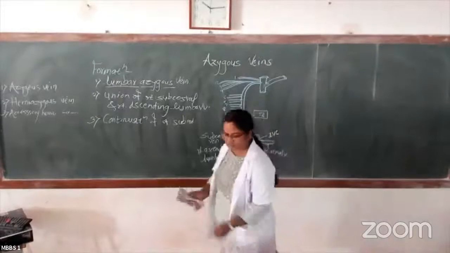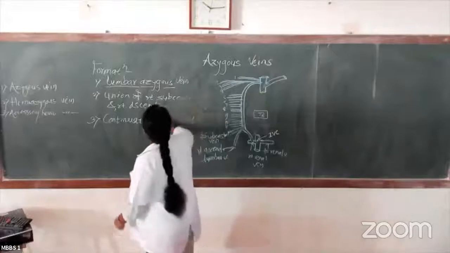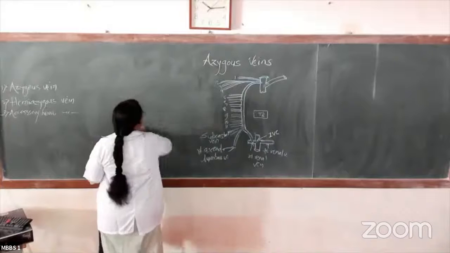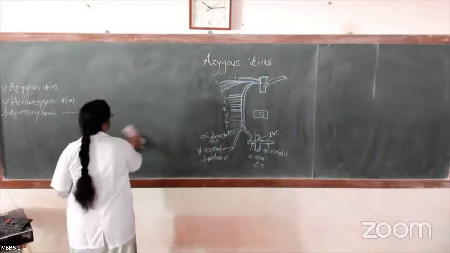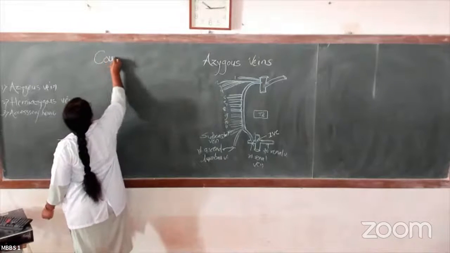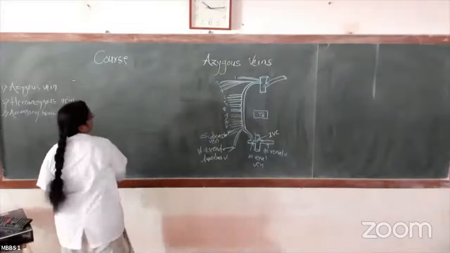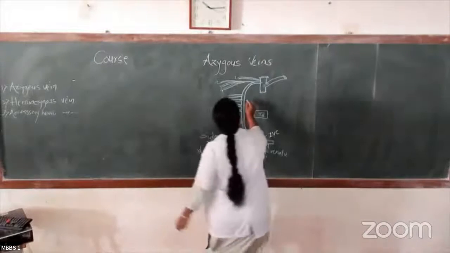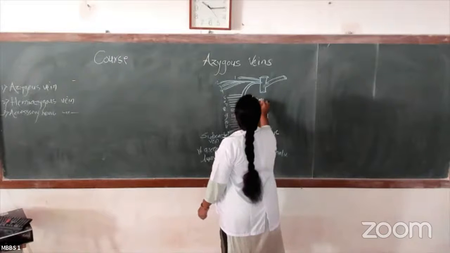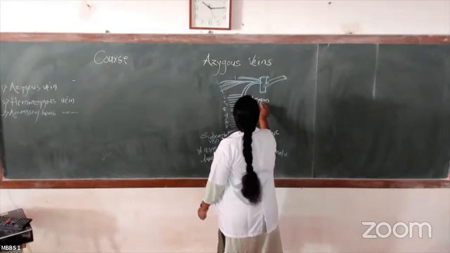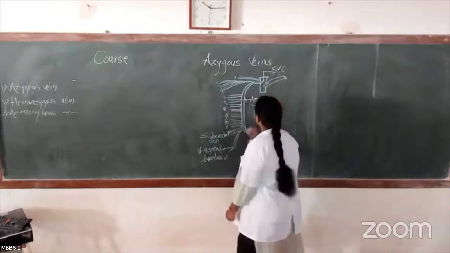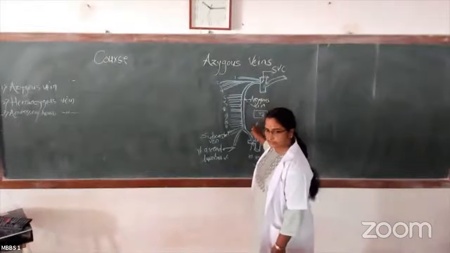Then after formation, we see its course and termination. So this is the azygous vein. This is the superior vena cava. This is the 8th thoracic vertebra.